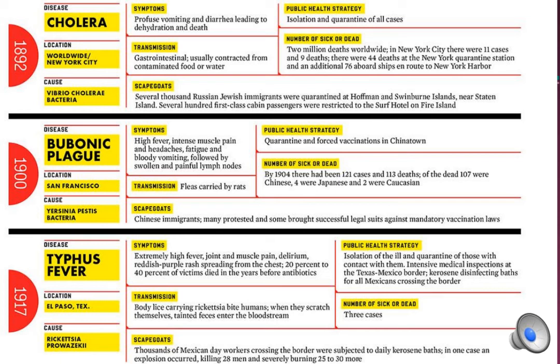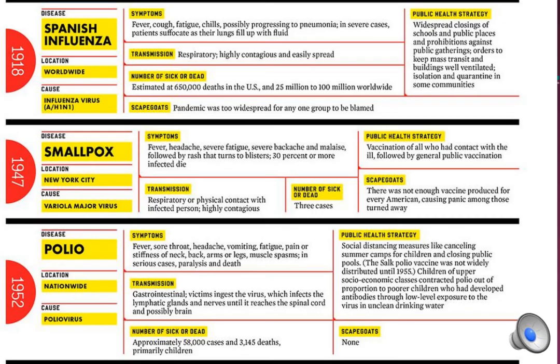1900, there was an epidemic of bubonic plague, and 1917, an epidemic of typhus fever, which is transmitted through the body lice, which are carried by rats, and that came as a result of the First World War. 1918, Spanish influenza, one of the worst epidemics in the history of the world.